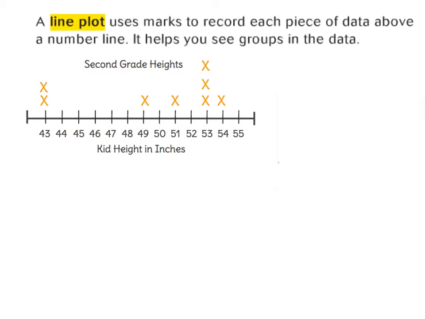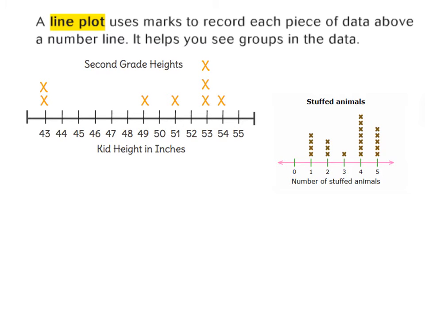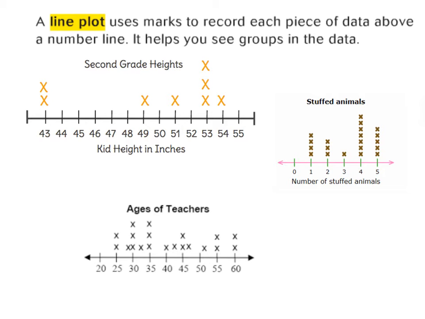Here's a line plot of second grade heights. Here's a line plot of the number of stuffed animals that students may have at home. And here's a line plot that shows the data of the ages of teachers in a school. Now, let's look at this line plot.